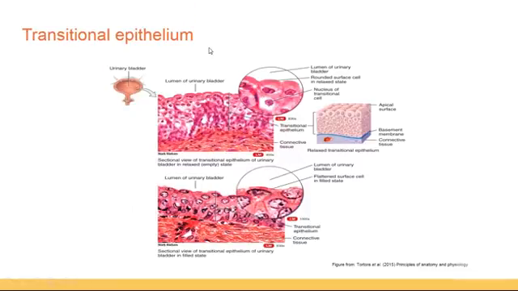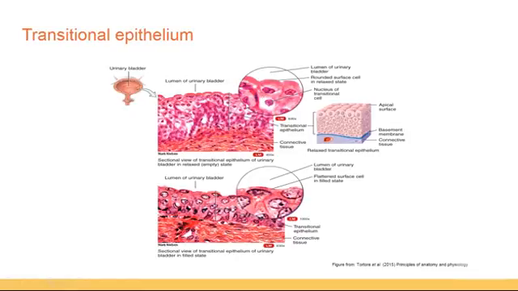If we look at transitional epithelium, this is really something that's quite unique, and it's found in the urinary bladder. You'll notice that when the urinary bladder is full, the cells look quite flat on the apical surface, or the top surface, whereas when the bladder is empty, the cells look quite rounded at the apical surface.